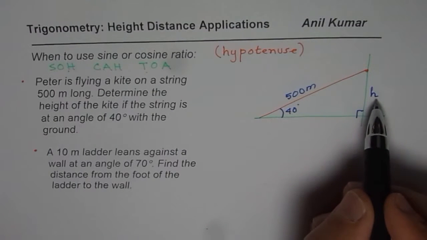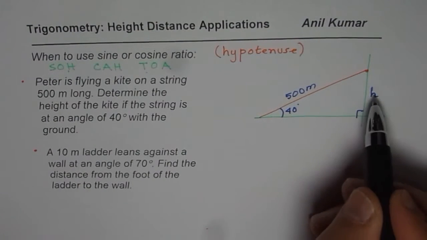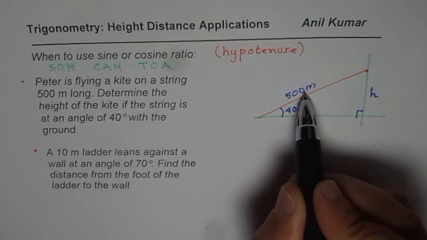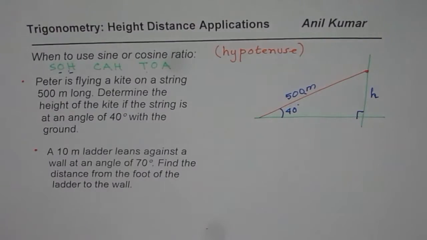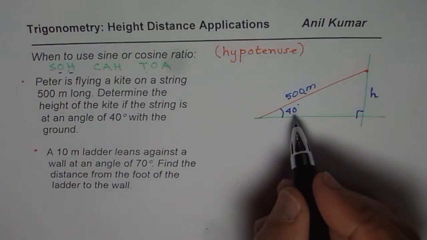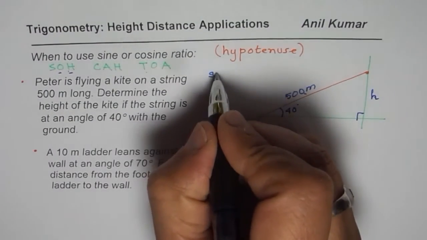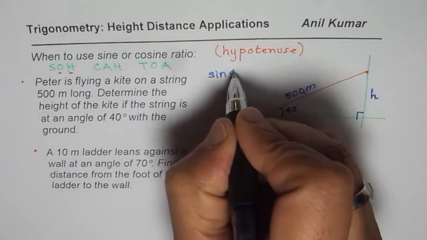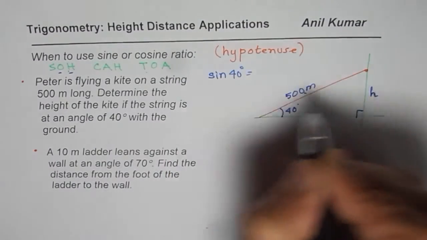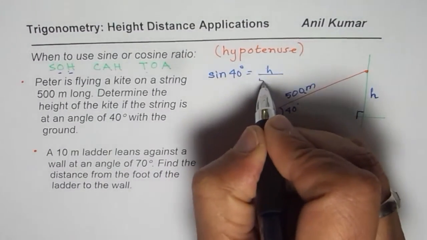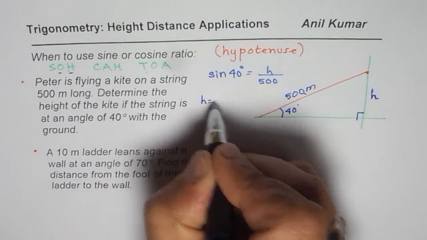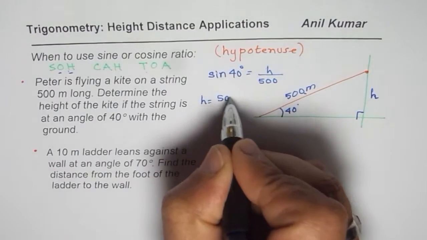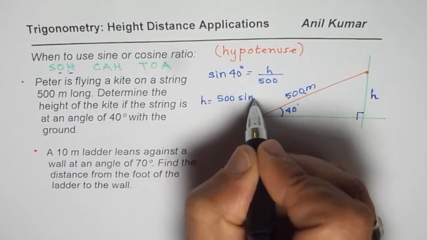Since we want the side opposite to 40 degrees and we are given the hypotenuse, opposite and hypotenuse, we have to use sine. So sine of 40 degrees equals height over 500, and therefore height equals 500 times sine of 40 degrees.